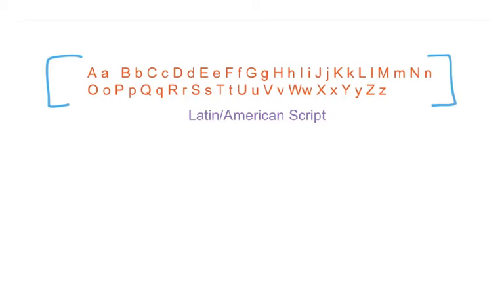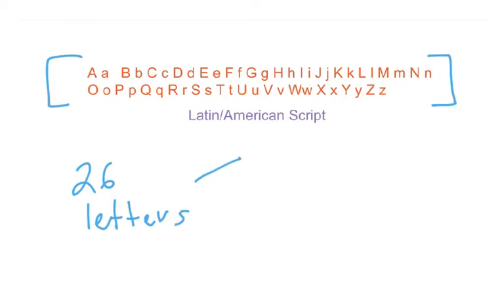To move on, the 26 letters are right here, but 21 of these letters are consonants, and 5 very special letters are vowels. Let me write this over here. We have 26 letters in the alphabet.